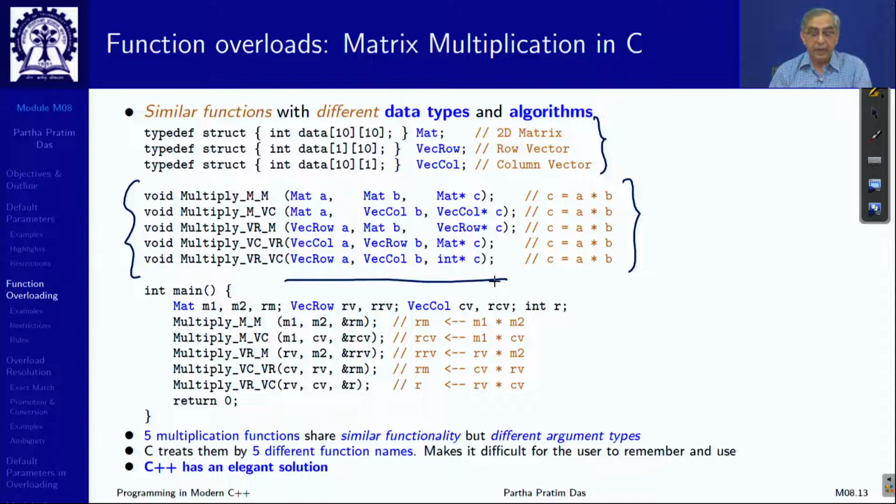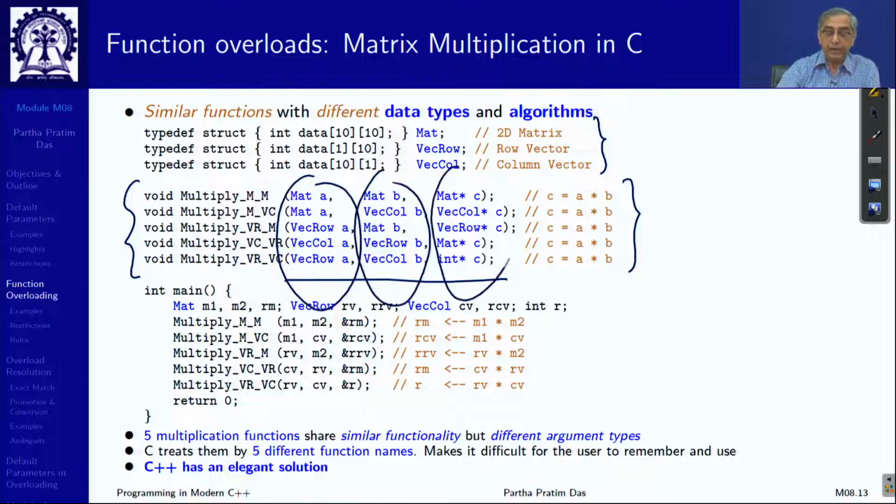Everything here is passed by value, and this one is by address, because you want the output to come in, the typical C style of stuff. But all of them multiply using the same matrix multiplication rule, and because their data types are different, you have to give them different names.